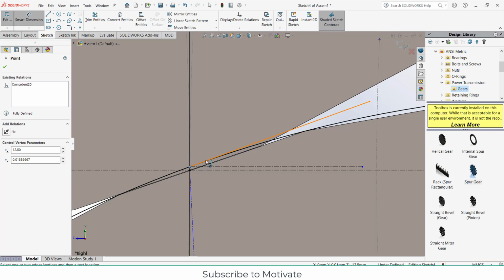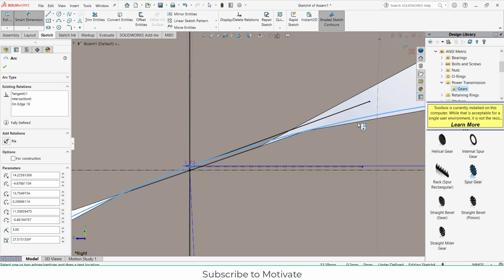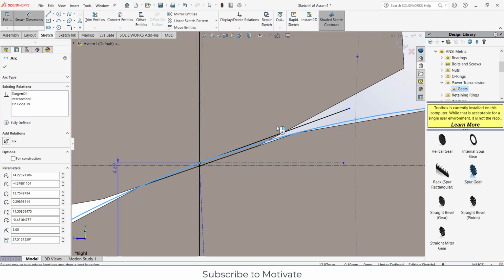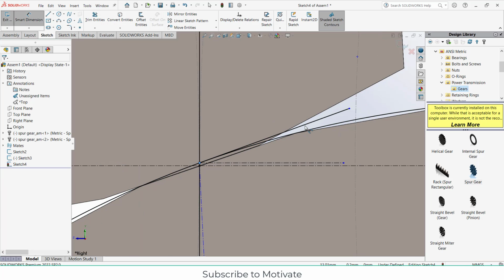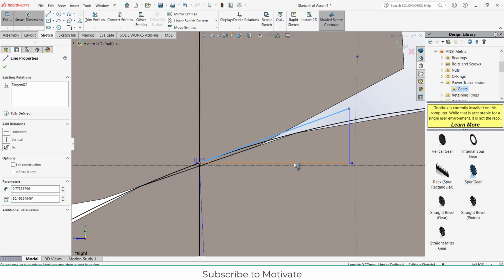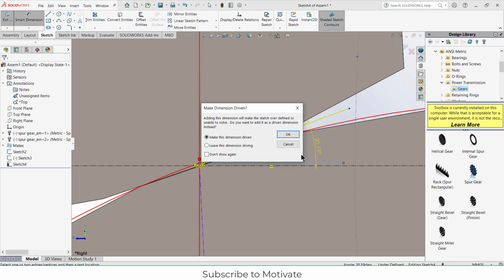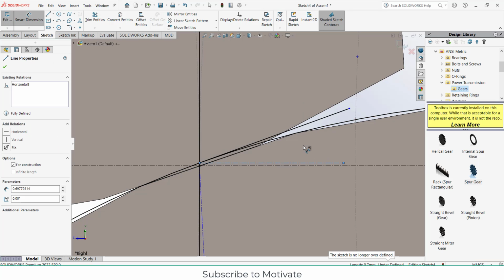If I draw the line that is tangent to this gear tooth, and I measure the angle between this line and this line, this angle is called the pressure angle.